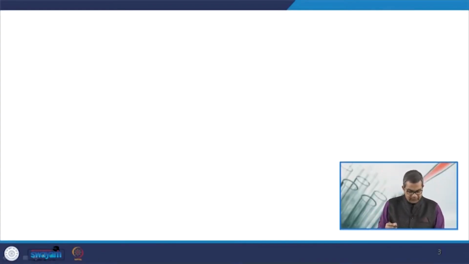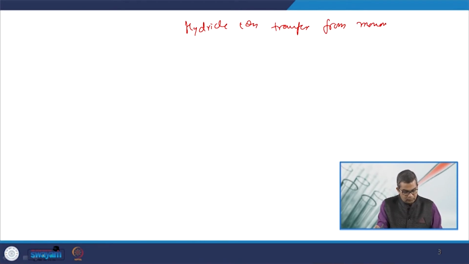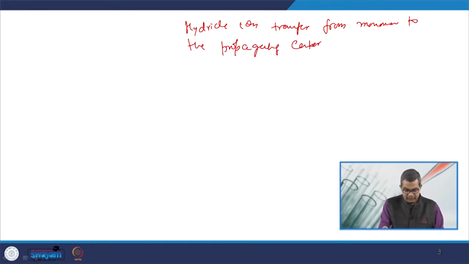Now consider chain transfer to monomer involving hydride ion transfer from monomer to the propagating center.